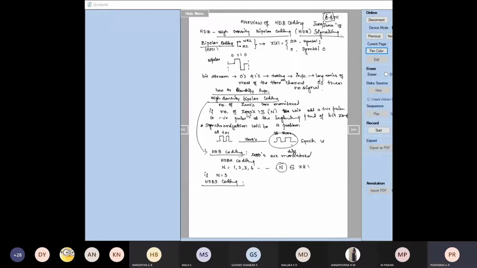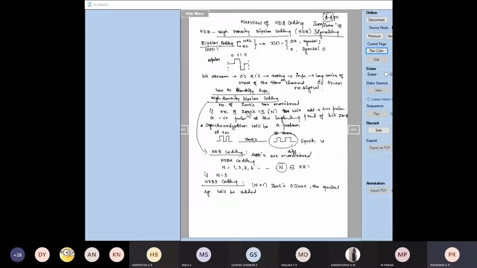In this coding, suppose you have N plus 1 zeros. Whenever N plus 1 zeros occur, a special signal will be added.